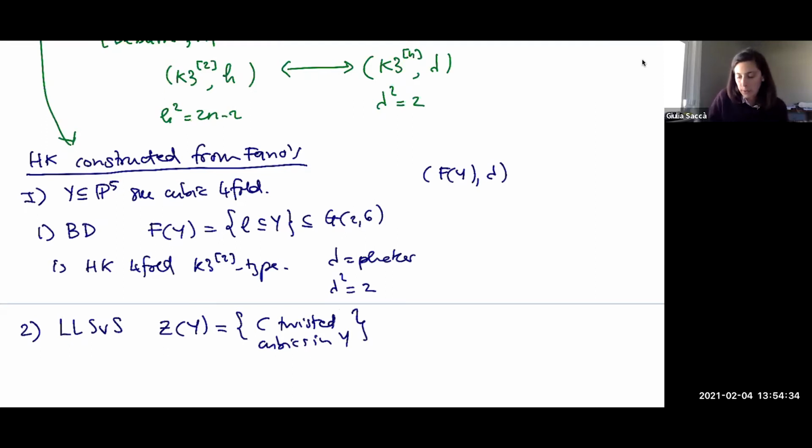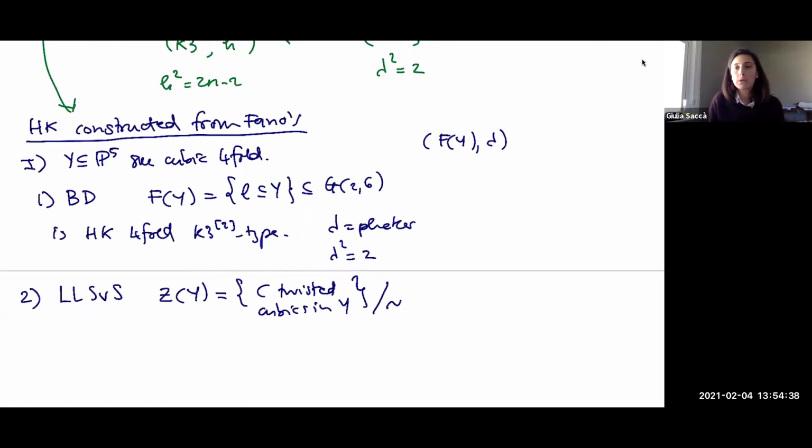And in fact, we want to put an equivalence relation on the twisted cubics, because we want to identify them. If I have a twisted cubic here, its linear span is a P3, and generically it will intersect the cubic fourfold in a cubic surface.